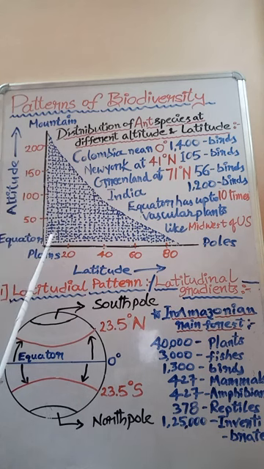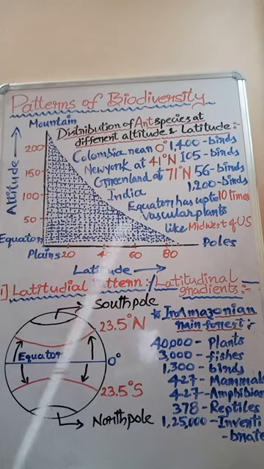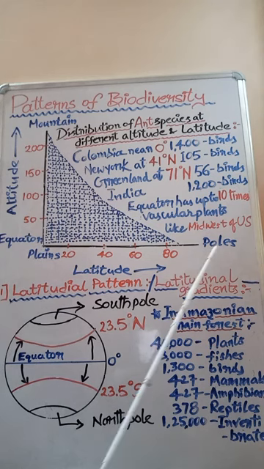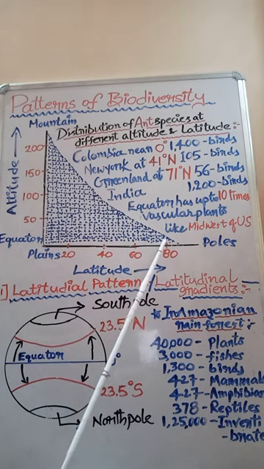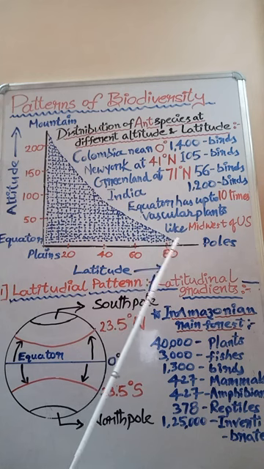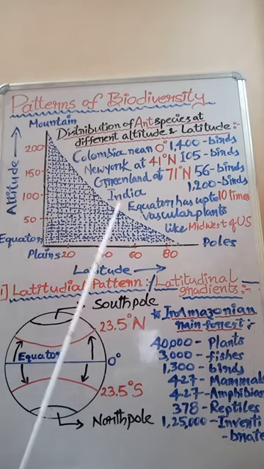At the same time, the ant count decreases when we move away from the plains to higher latitude like 20, 40, 60, 80 degrees. So the ant count decreases. Here you can see a narrow range, here you can see a huge range.